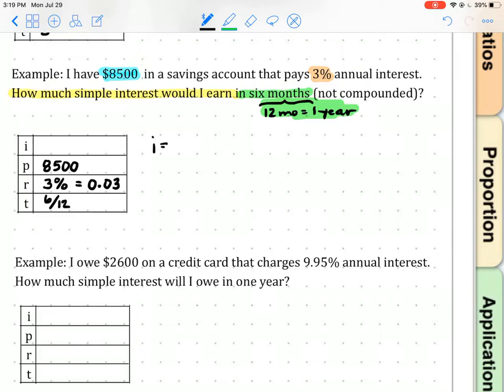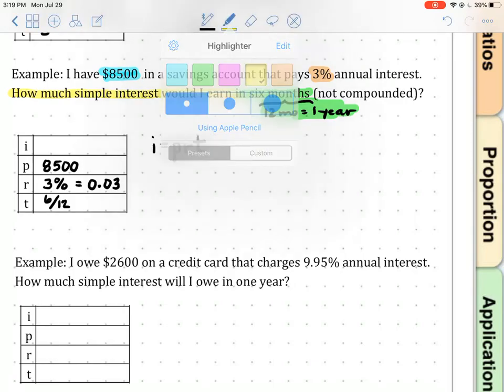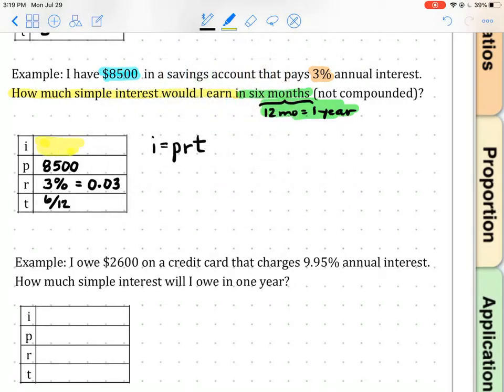So I equals PRT, and you and I are looking for I. So we have I, blank, blank, blank. 8,500 is principal. Rate is 0.03. And time is 6/12. And your calculator will handle that, guys. It'll do it as a fraction.